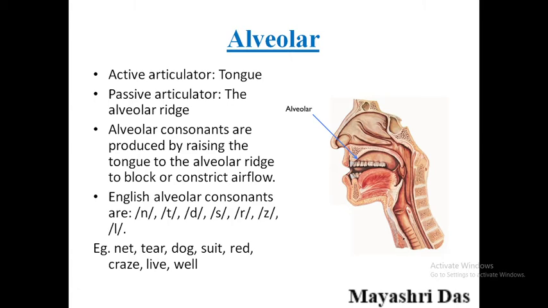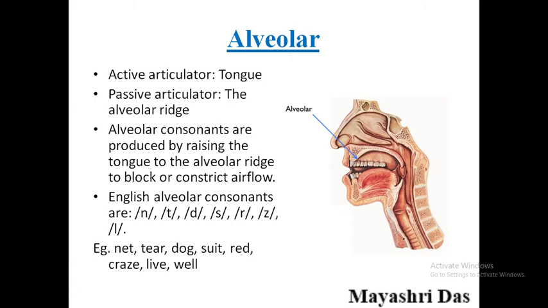The alveolar consonants are produced by raising the tongue to the alveolar ridge to block or constrict the airflow. Then the sound is produced by blocking and then opening the closure from that area.